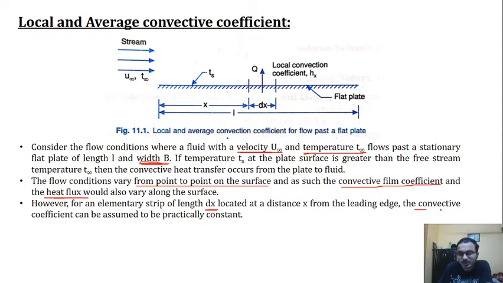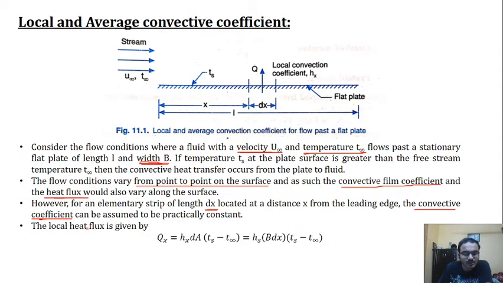So the local heat flux is given by this formula. As you are all aware, this is Newton's law of cooling: Qx is equal to Hx dA (Ts minus T infinity), where Hx is the local convection coefficient.